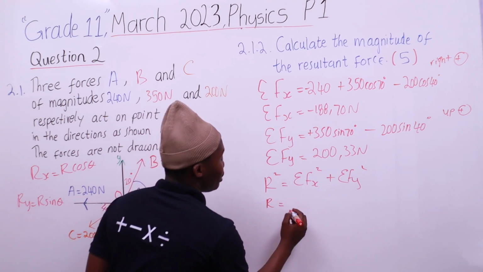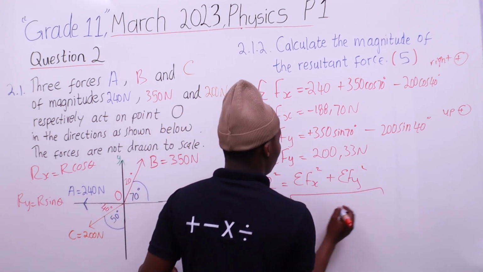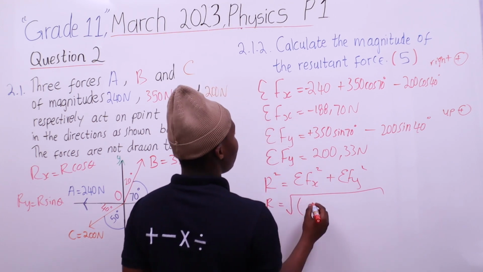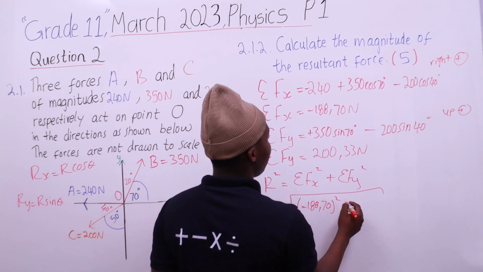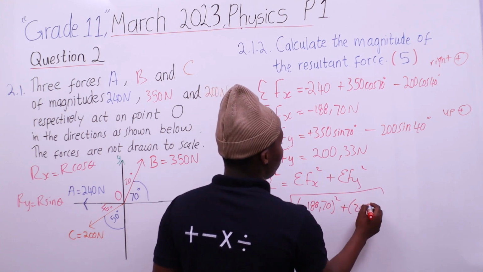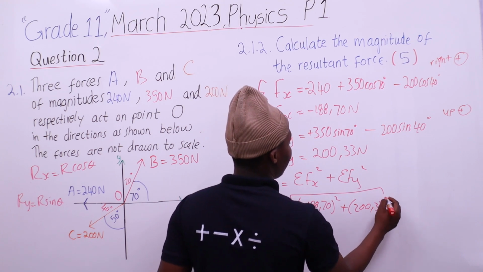So R is equal to the square root of negative 188,70 squared plus 200,33 squared.